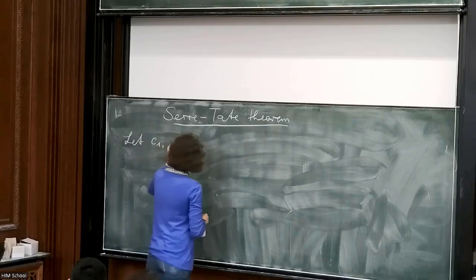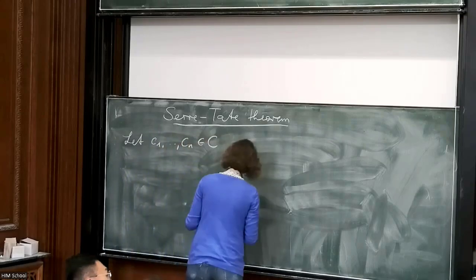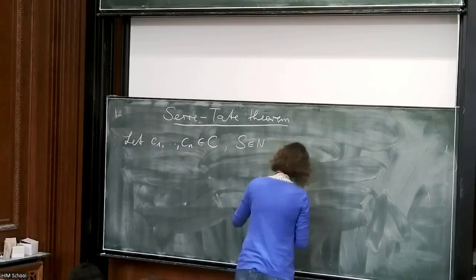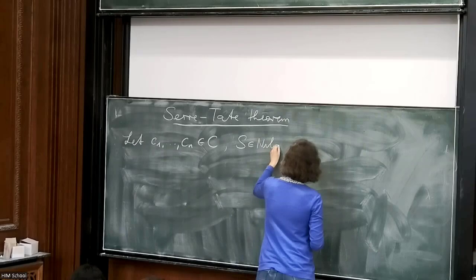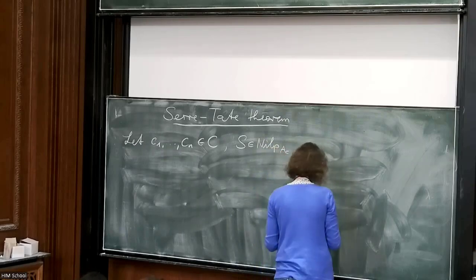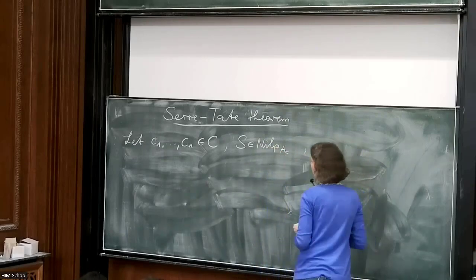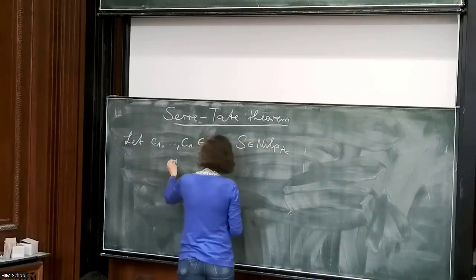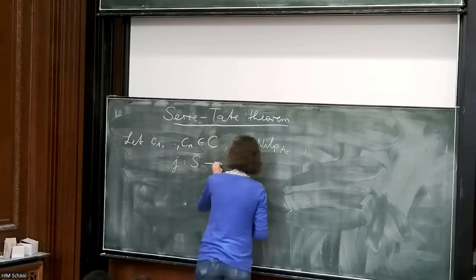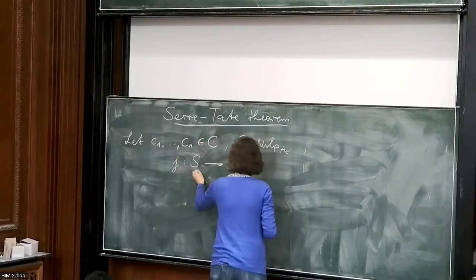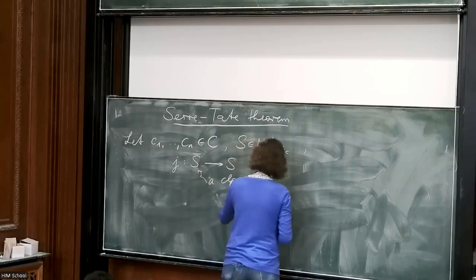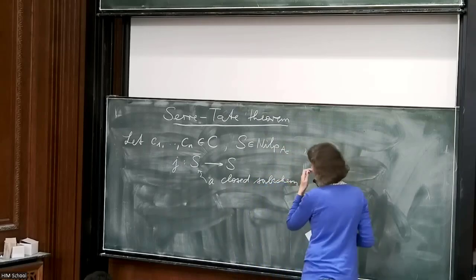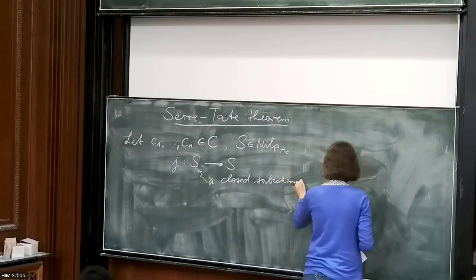So, setting as usual, I fix my places C_1 to C_n and C. S is one of these nilpotent schemes, and I want deformations to S. So I consider a closed subscheme. Say J is the inclusion of a closed subscheme, defined by a locally nilpotent sheaf of ideals.